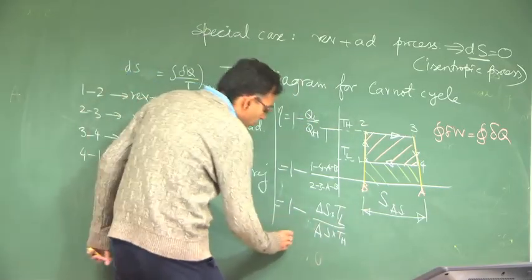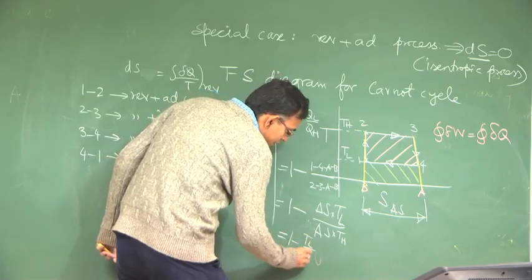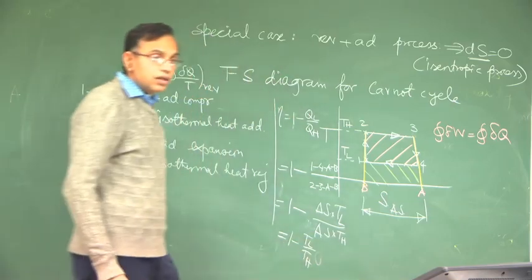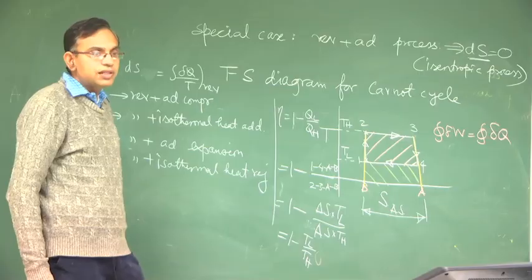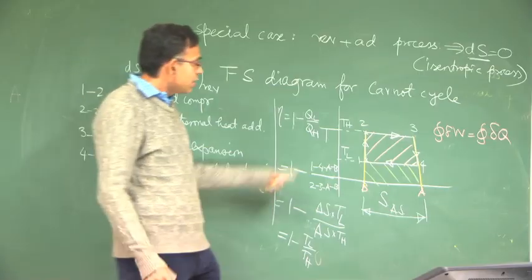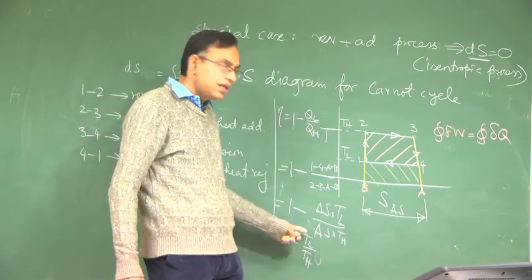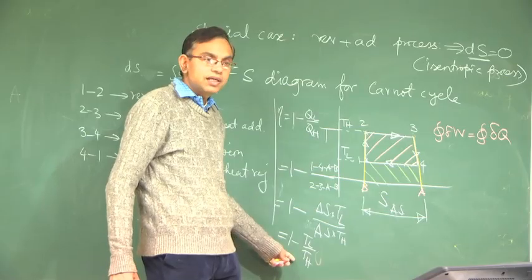So this is 1 minus TL by TH, and it satisfies our definition of absolute temperature scale, because for a reversible cycle QL by QH is equal to TL by TH.